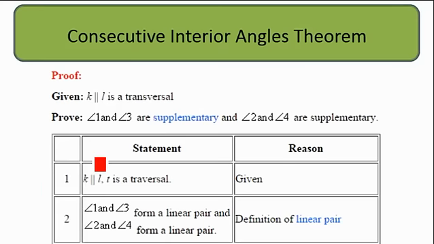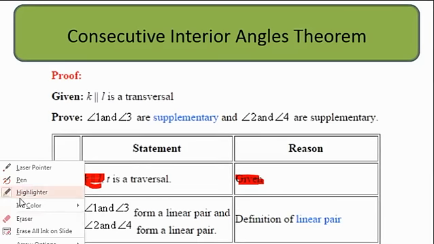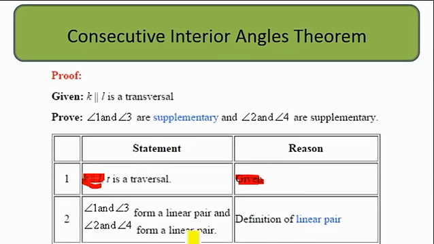So first, we need to say those two lines are parallel, and that's given to us. Next, because those two lines are parallel, angles 1 and 3 form a linear pair, and angles 2 and 4 form a linear pair.